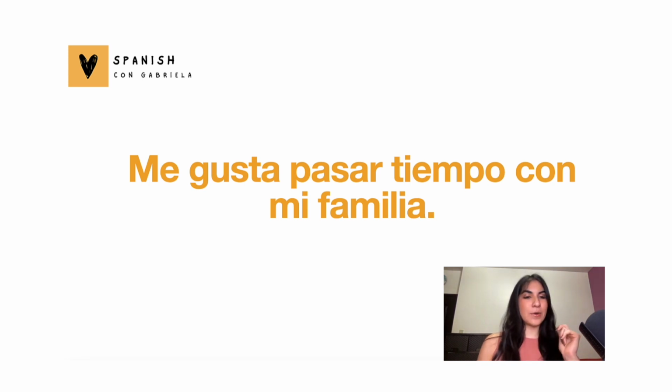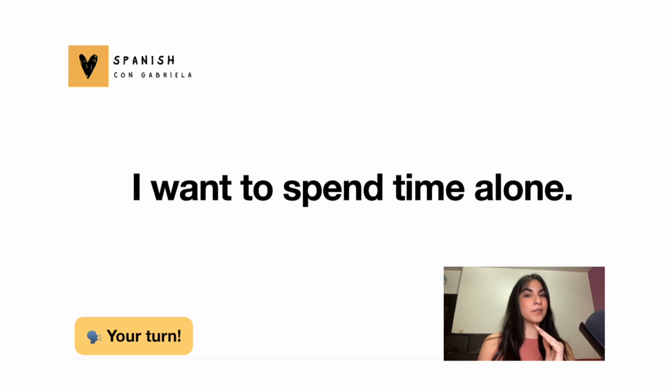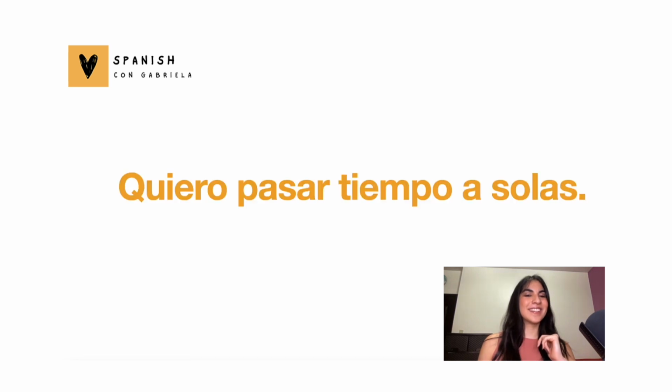Now one more verb. Let's say I want. How do you say I want in Spanish? Quiero. Now, how would you say I want to spend time alone? Perfect. Quiero pasar tiempo a solas.